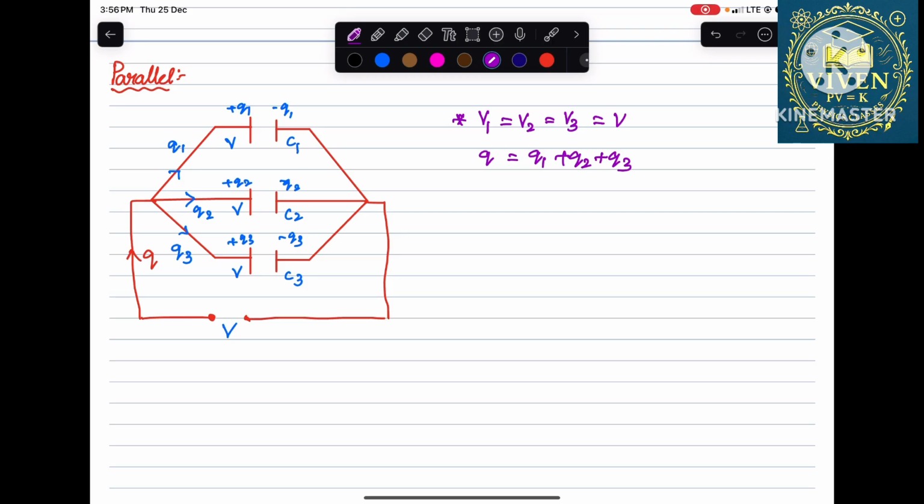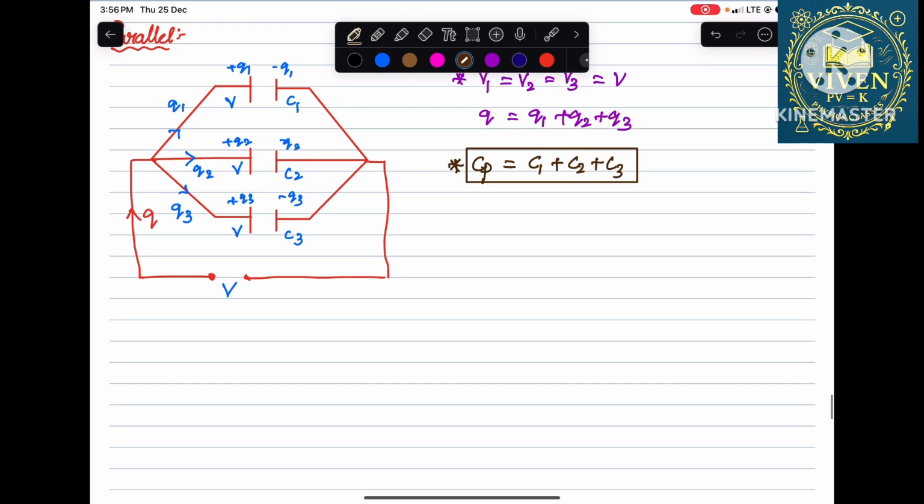From this I get the net effective capacitance of the parallel combination, CP, equal to C1 plus C2 plus C3. Done. This is the effective combination when capacitors are connected in parallel. And if there are n number of capacitors, it is C1 plus C2 plus C3 plus so on.